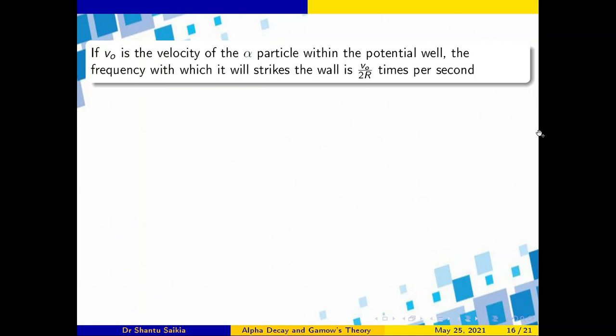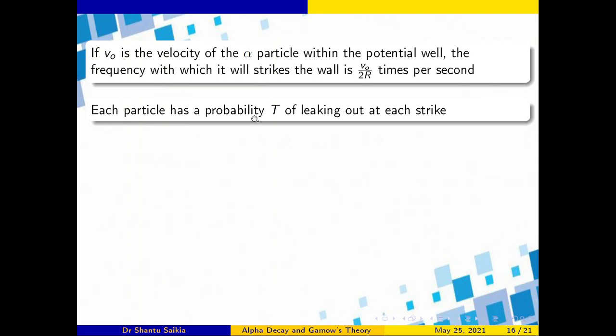The distance traveled between strikes at a particular wall is r plus r, that is twice r. The time taken between two successive strikes is 2r by v0, so the frequency is v0 by 2r times per second.